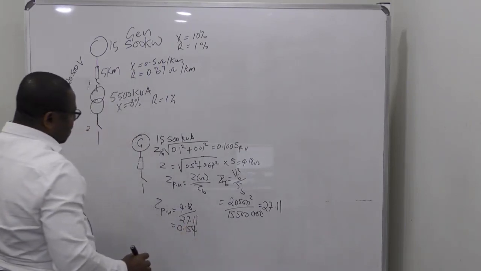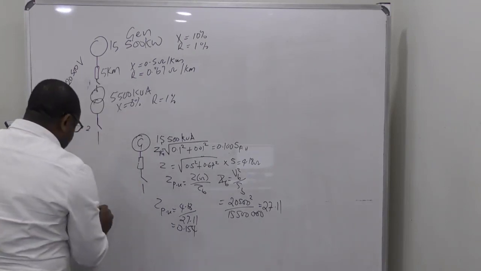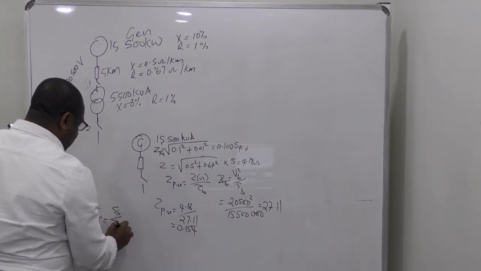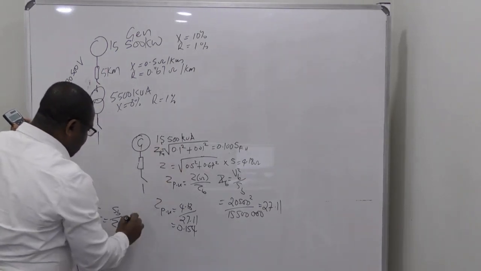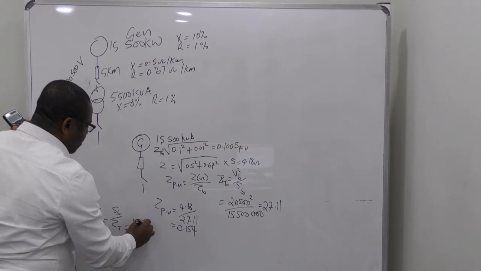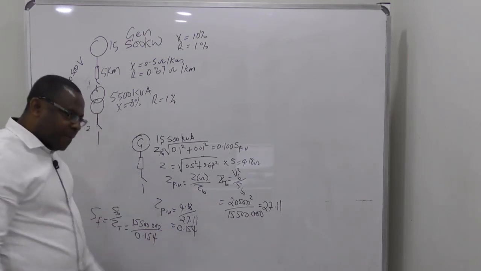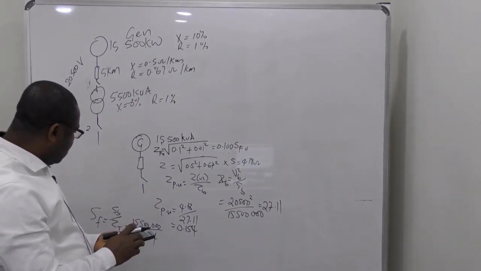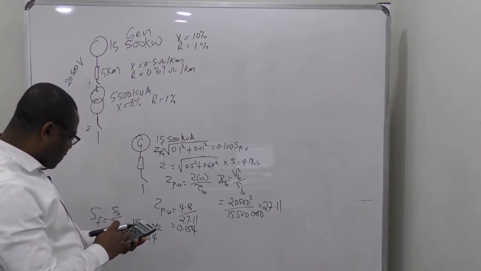All right, so now the fault level at this point, the fault capacity, S fault, will be S base over Z total. I'm using 15,500 kVA as our S base, which is 15.5 MVA, divided by 0.154.